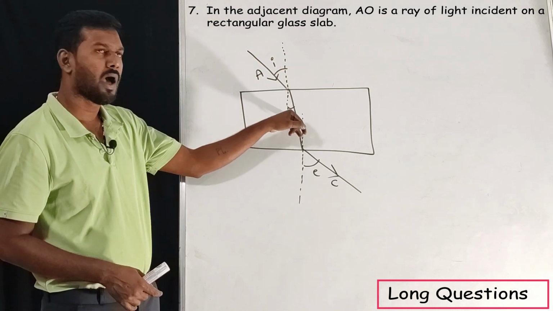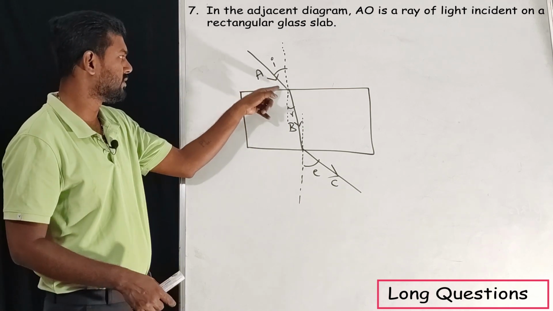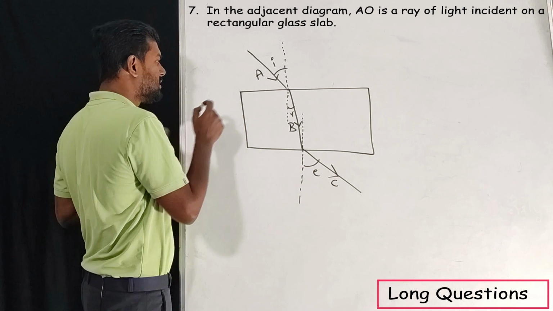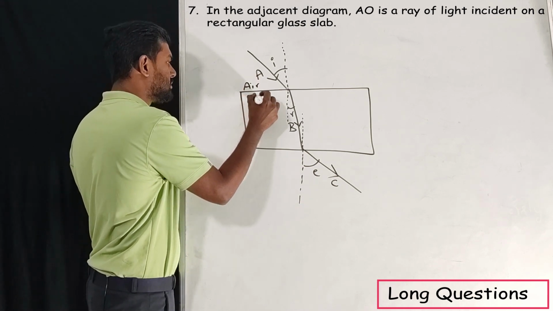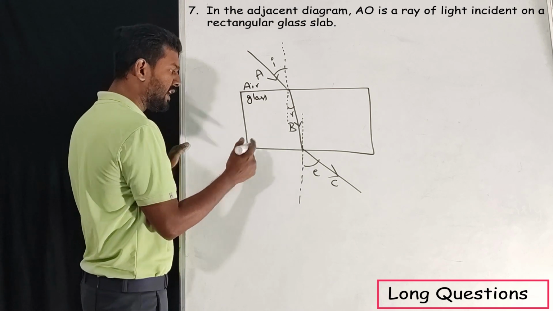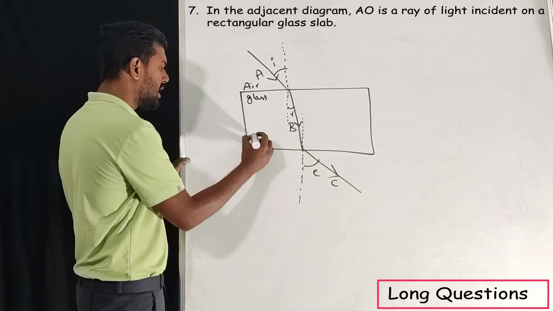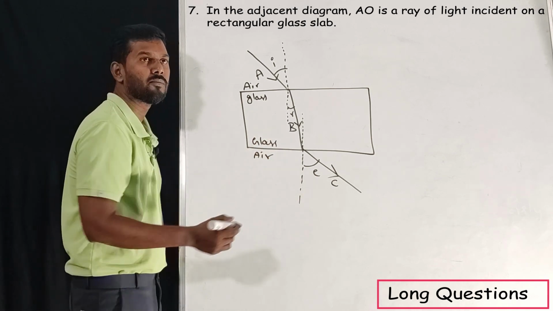Angle of refraction, and at the first interface, this is the first interface. What do you mean by first interface? Where is the first change? This is air and this is glass, and here this is the second interface where it is coming out of the glass slab. So here it is glass and here it is air.